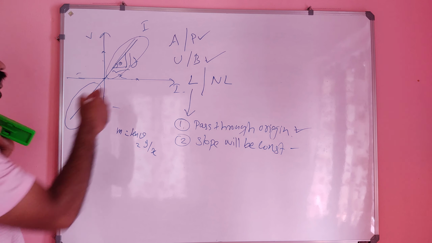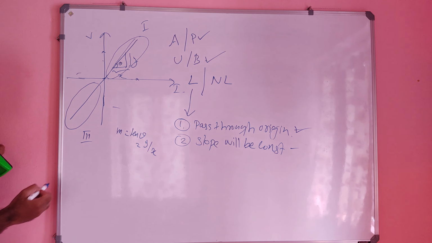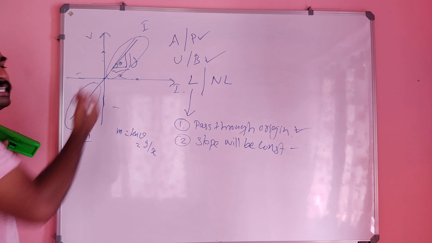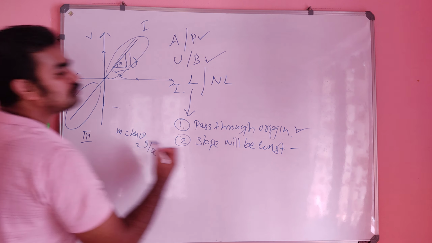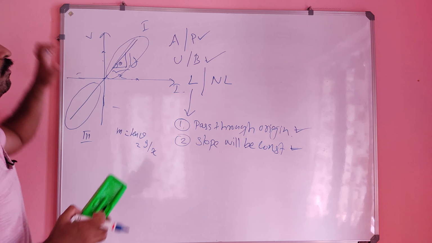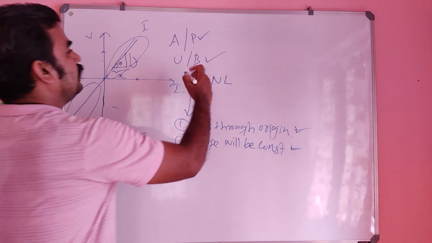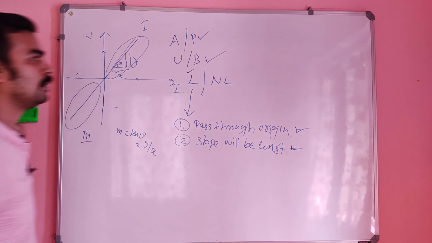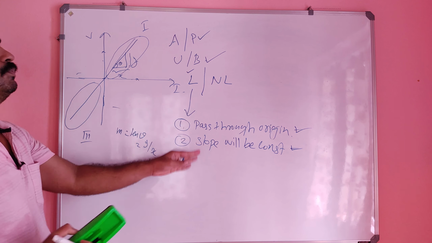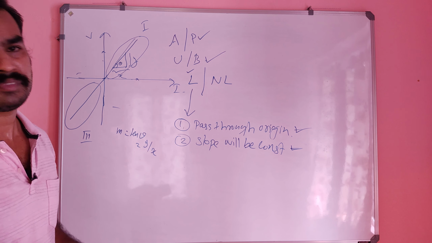This is the slope for this portion, and a similar slope will be obtained here also, which means the slope is the same, or the slanting is the same. So we can say the second condition is also satisfied. So this is a linear element. Clear? So we can say that the given element is linear. And this is how we have to check all this: active or passive, unilateral or bilateral, linear or non-linear.